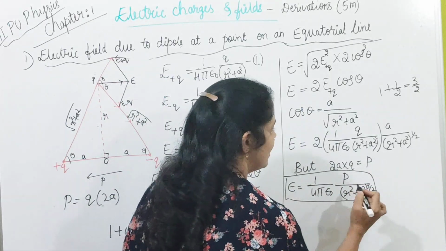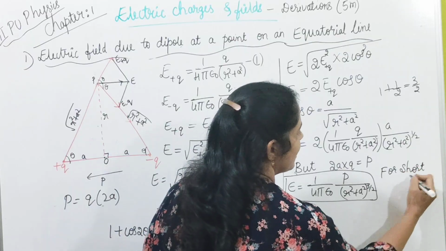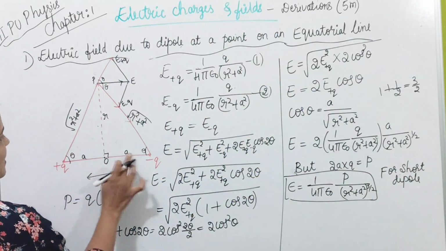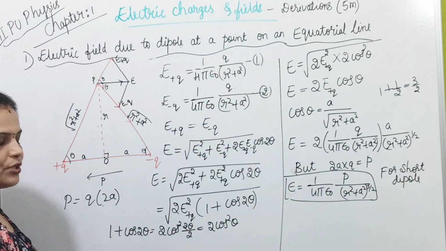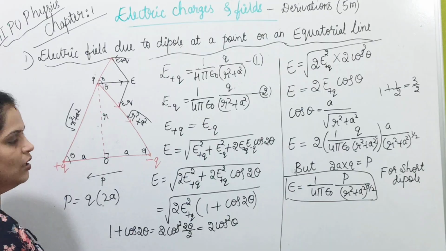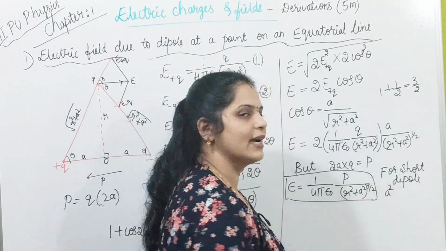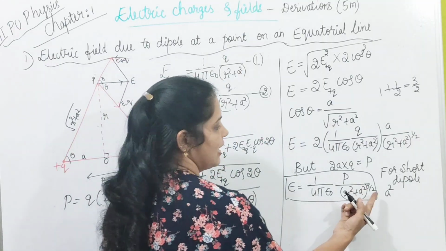Now for short dipoles. Short dipole means here the distance between equal and unlike charge is very small. So that is 2A is very small. If 2A is very small, it means A square can be neglected by comparing it with R square. A square term can be neglected.